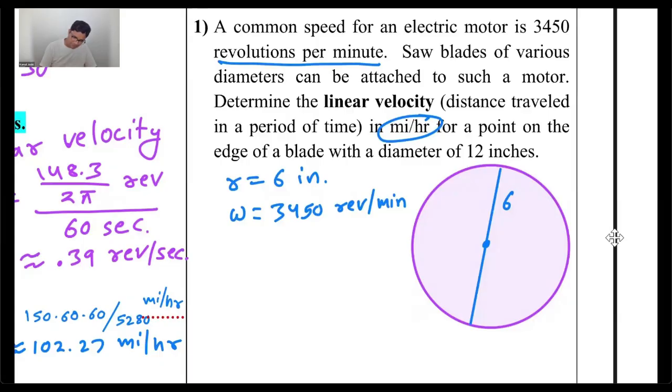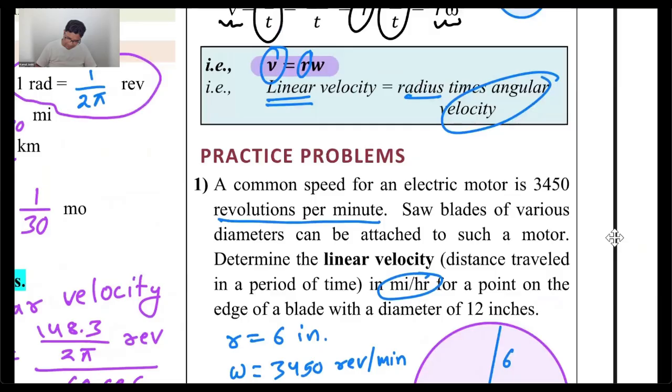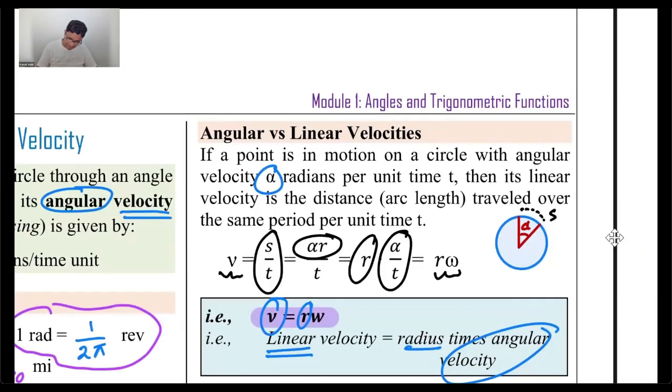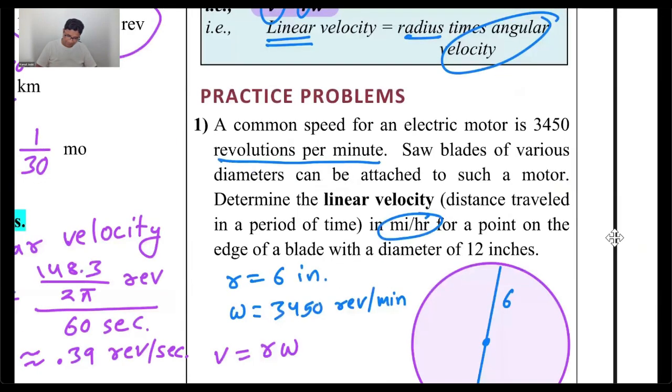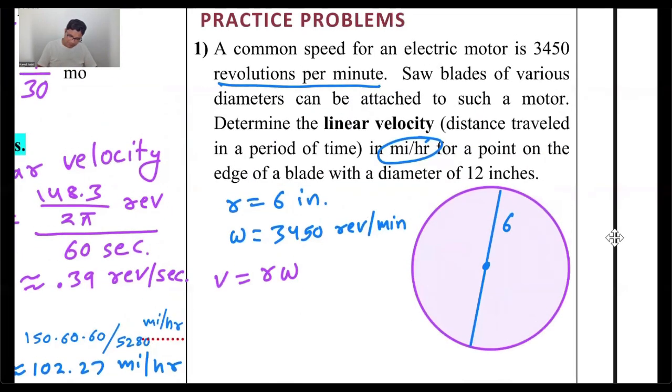First of all, the first step is linear velocity v is r omega, when the angular velocity is given in radians per unit time. Here, the omega is given in revolutions per minute. So you need to convert to radians per minute first.